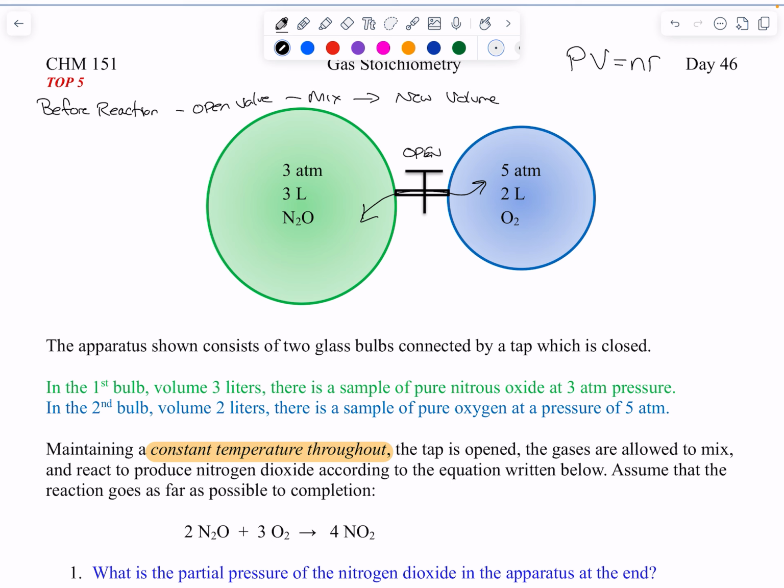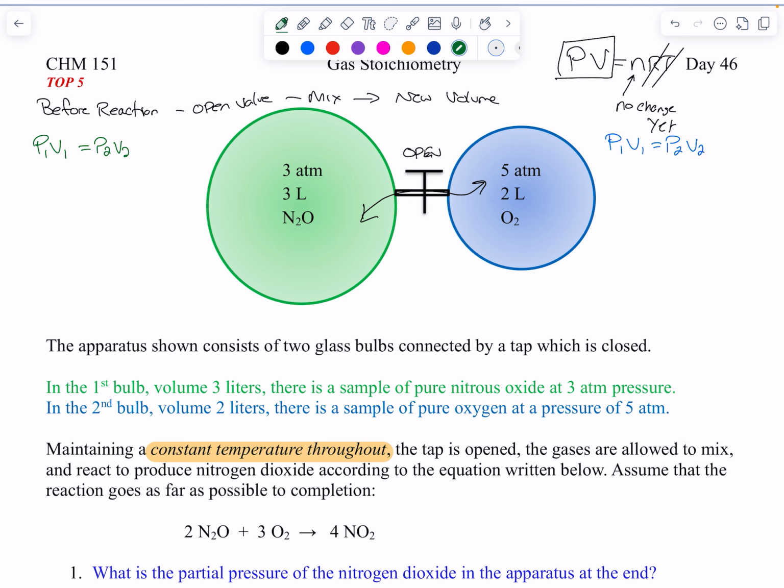PV equals nRT. Well, temperature's constant. R is constant before the reaction. So this is no change yet, which means we're right there. PV, right? Since the volume changes, the pressure changes. So we're going to have P1V1 equals P2V2 over here. And we're going to have P1V1 equals P2V2 over here.